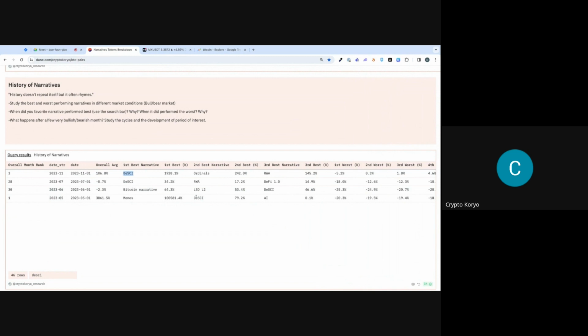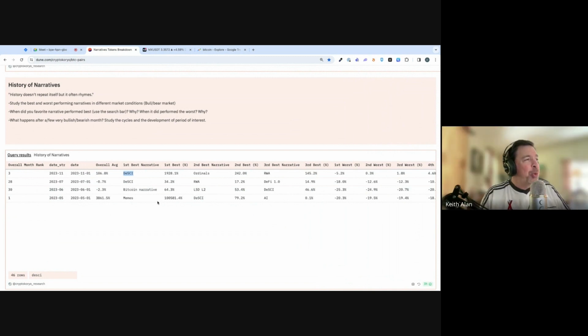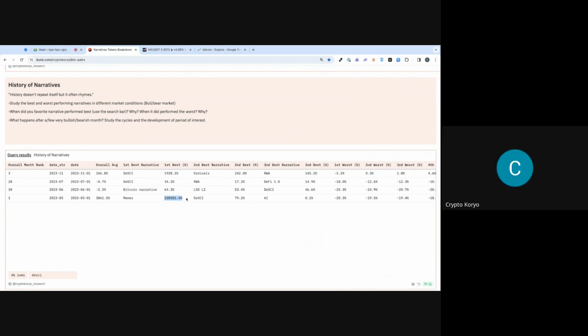Look at the difference between May and June of 2023. This probably is because some new tokens launched and went from 0 to something, which means they have a very high number here. But the history shows that this narrative can have 3 good months consecutively, at least from what we can observe since its creation.